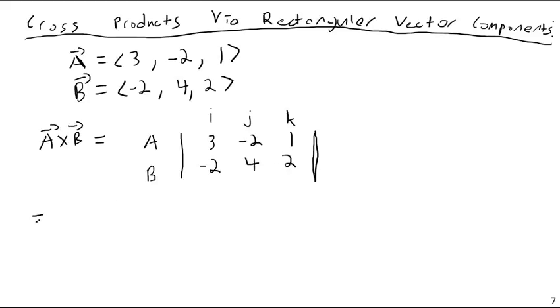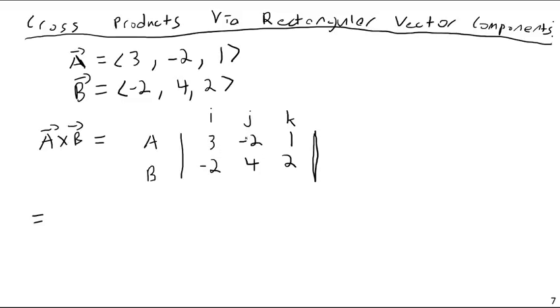So the actual cross product is going to be equal, okay, for each step of these, I'm going to cover up. If I want the I, basically, if I was doing this on the board, I would actually show covering this up with my hand, but I can't really do that on a screen. So when you calculate the I component of the cross product, you ignore the I part of this table.